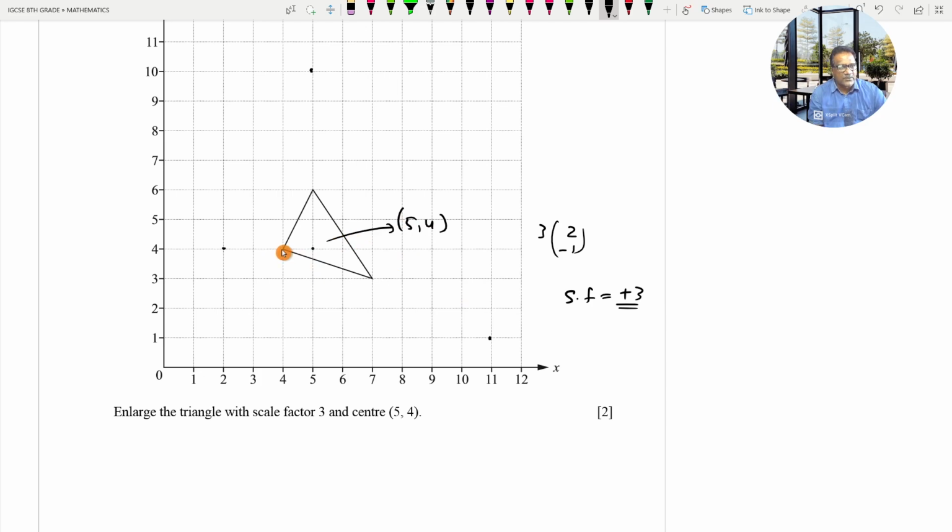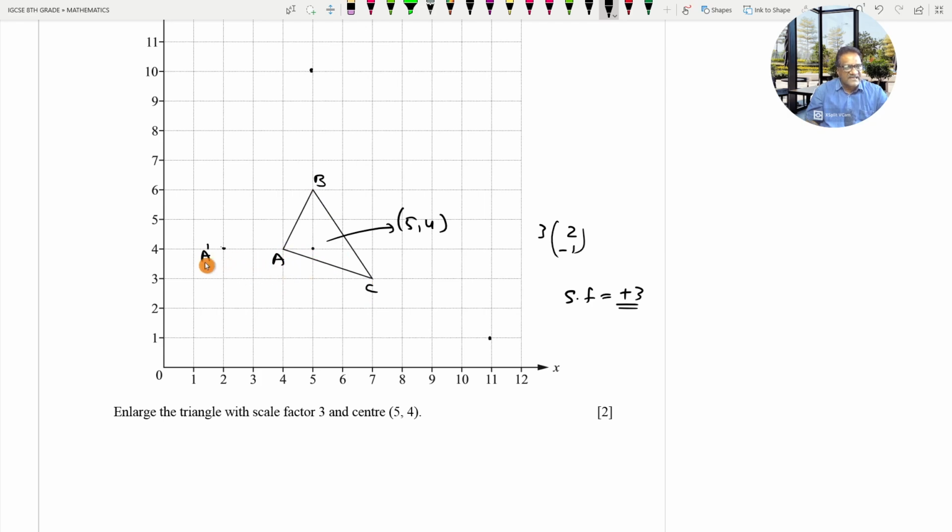Now from this point, this vertex is one box over here. So that one box is multiplied by the magnitude of the scale factor, that is 3. So 1 into 3 will be 3. So I'll go here 1, 2 and 3. So this is my image. Suppose this is my ABC. So the image of A will be A dash after enlargement of plus 3.